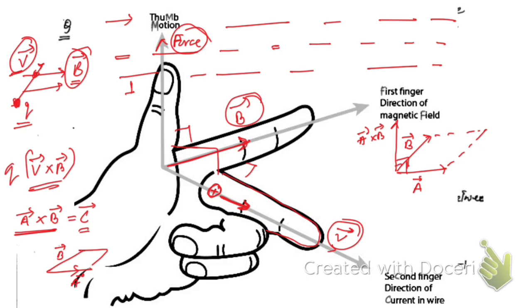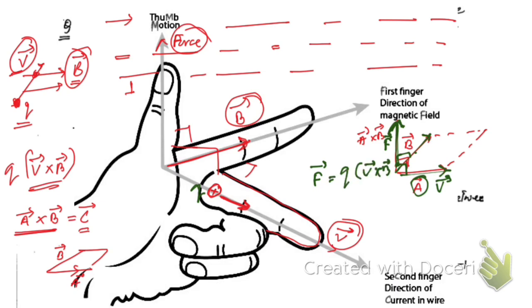If you consider the a vector as the velocity v and the b vector as the magnetic field, then according to Fleming's left hand rule the force should be in this direction. So force is perpendicular to both velocity and B, so it must be the cross product of v and B, and as the charge is q, q should be multiplied with v cross B.